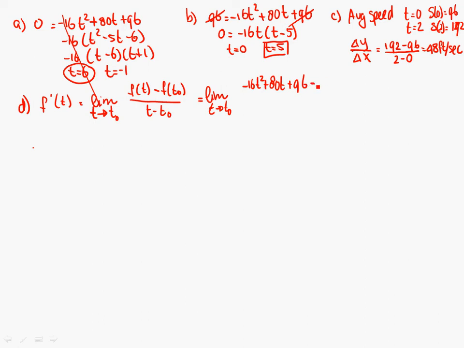The second part there is, at this point, not too bad, because I'm just going to replace every t with a t sub 0. So I end up with this thing. And then we're going to divide all this by t minus t sub 0.